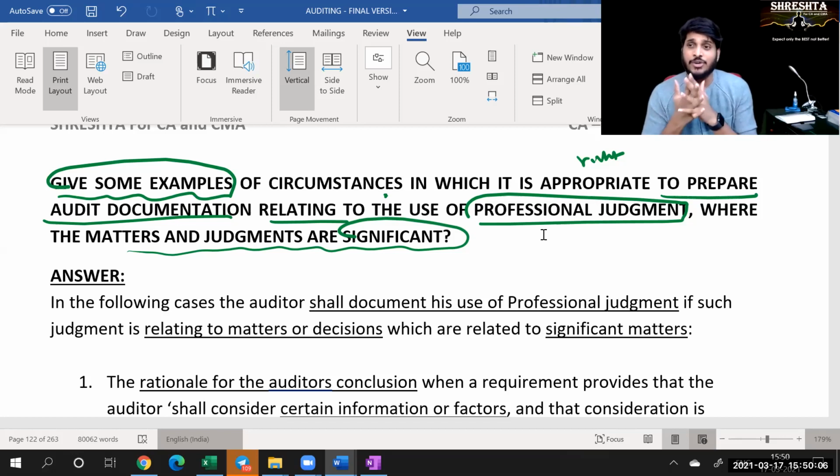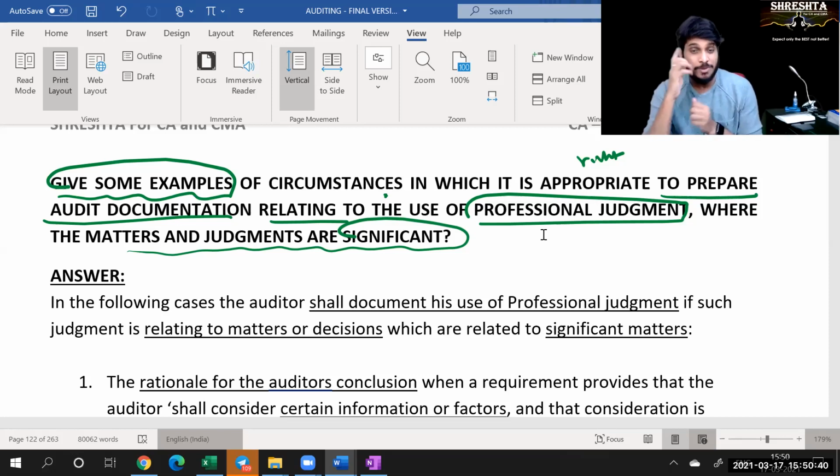Whether a machinery's useful life is correct or not, we get some data. What is the manufacturer warranty given? How has the machine been used by the organization? How many shifts is the organization working? What is the expected machine capacity? Taking all these factors into account, we determine whether the useful life of 8, 6, 10 or 20 years adopted by management is correct or not, based on the information we gathered, and so we finalize.